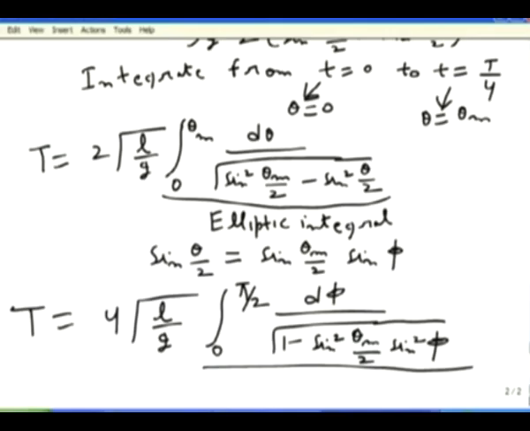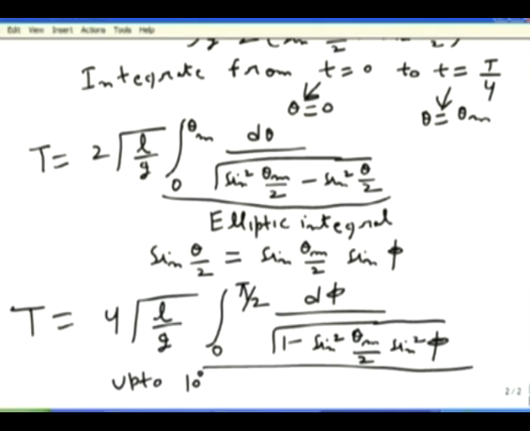It is observed that up to 10 degree, whatever time period is obtained by taking the assumption of sin theta equal to theta is almost the same as this one.